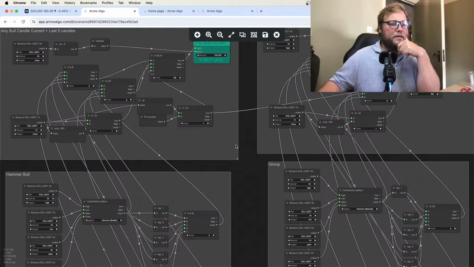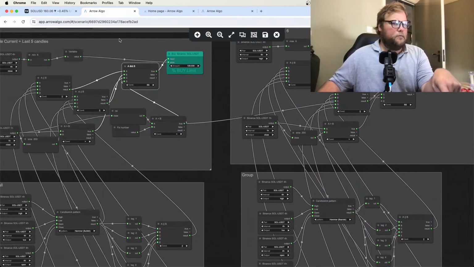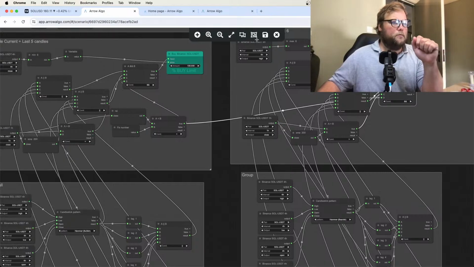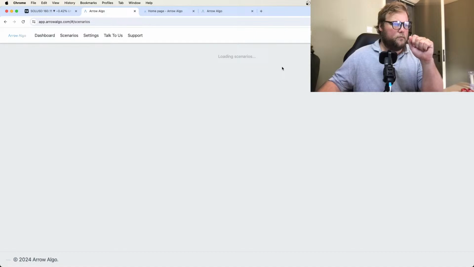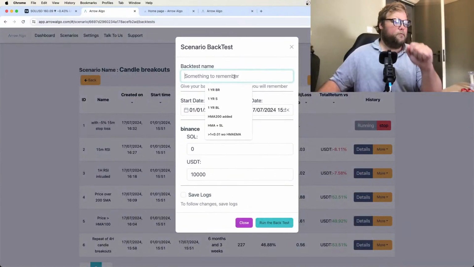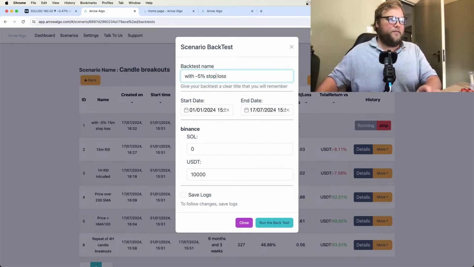And that should speed up the backtest. Let's see if that one actually finishes before.